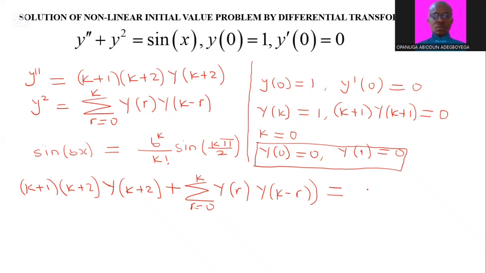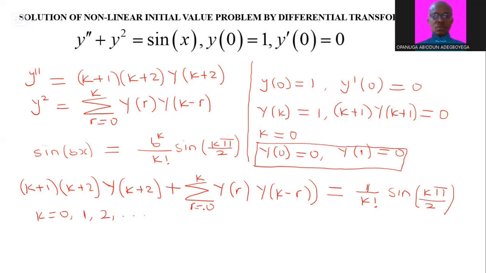For our sine, the constant term here is 1, so it's going to be 1 over k factorial sine of k pi over 2. So we begin to solve this at k equal to 0, k equal to 1, k equal to 2, and like that.